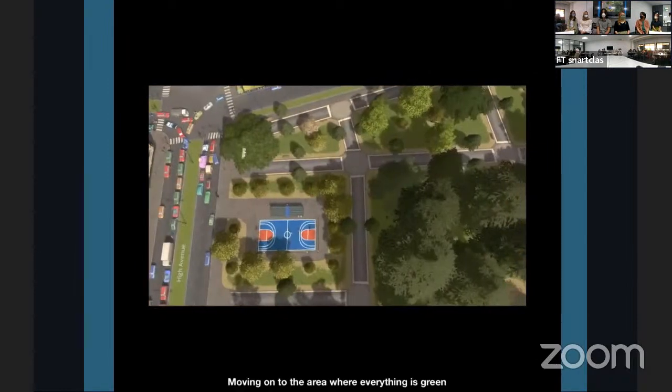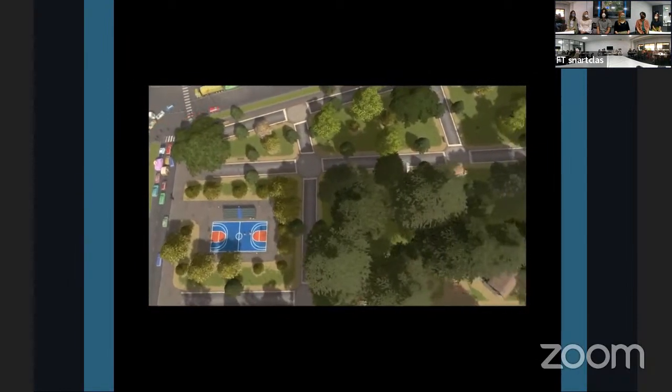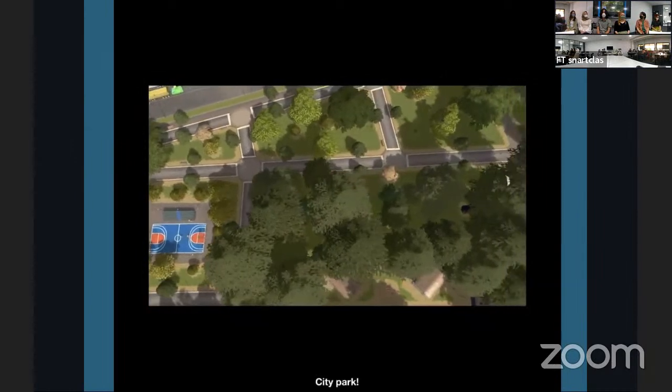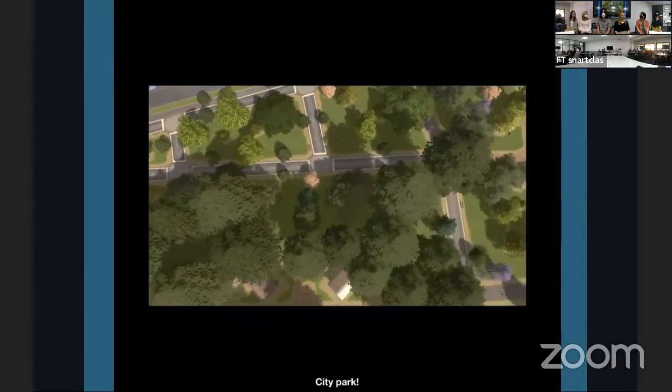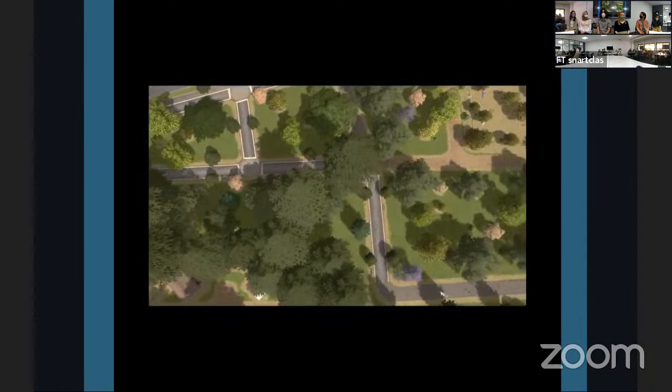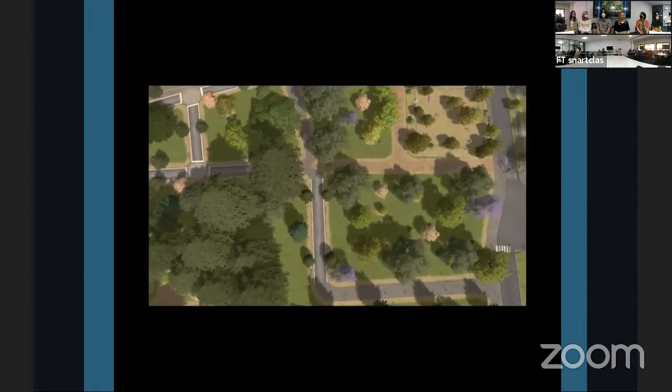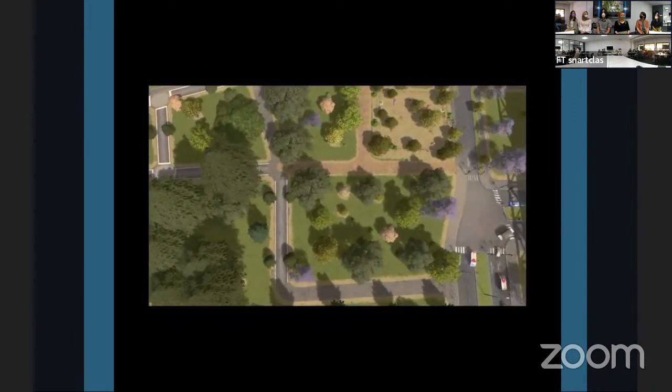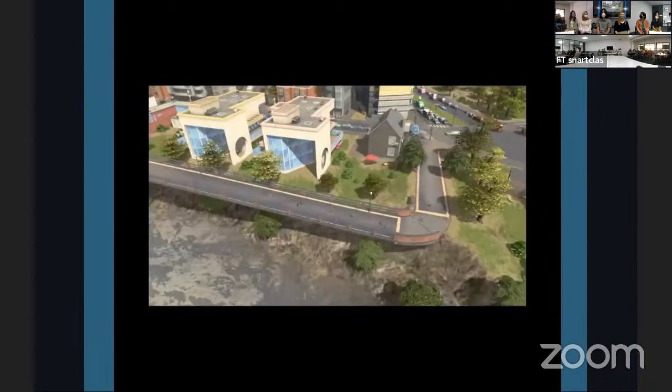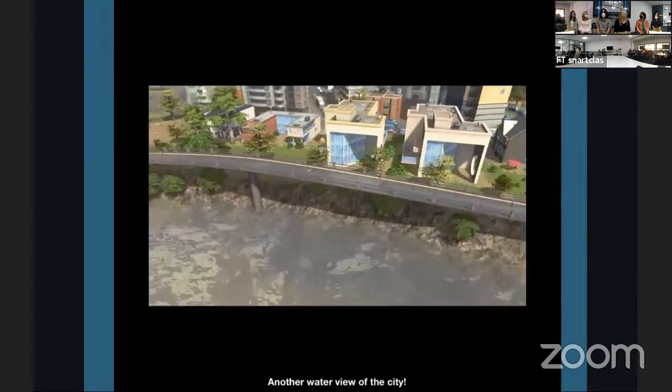Moving on to the area where everything is green. The city park. Another water view of the city.